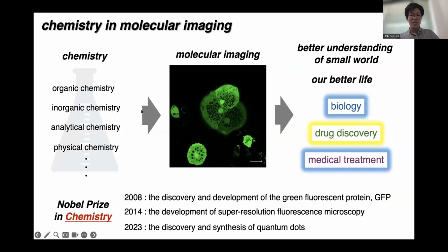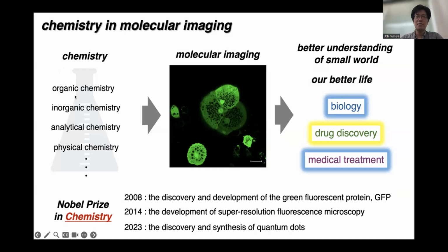Okay, so as I mentioned, various fields in chemistry have contributed to molecular imaging and a better understanding of the small world and our better life. Organic chemistry is needed for molecular design and synthesis itself, and inorganic chemistry also provides useful tools.